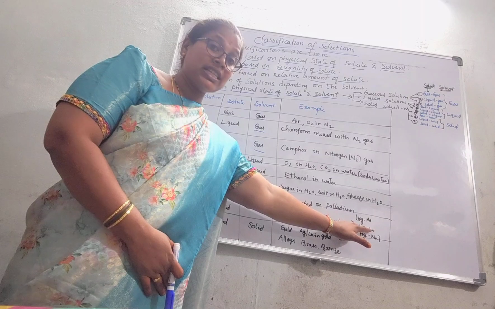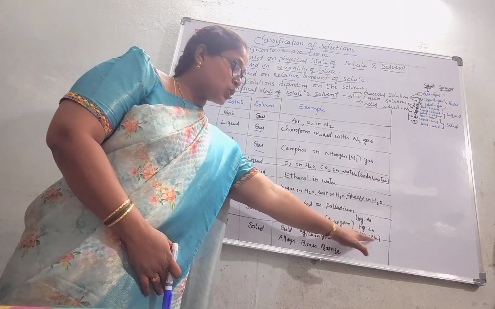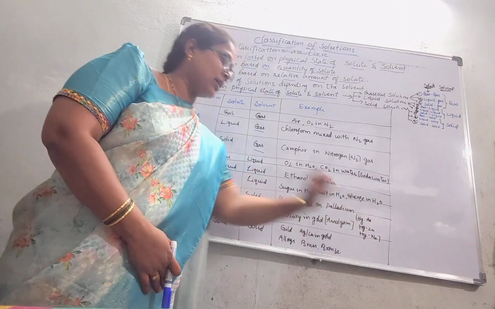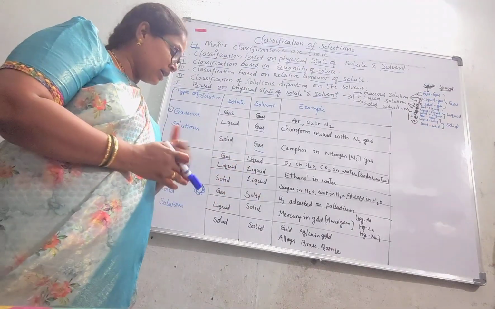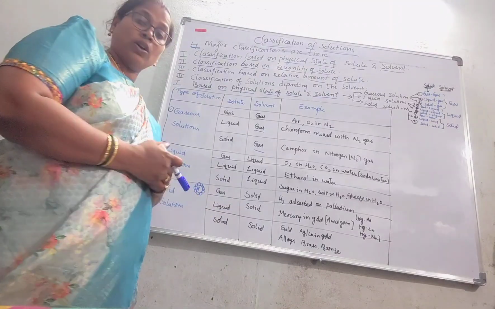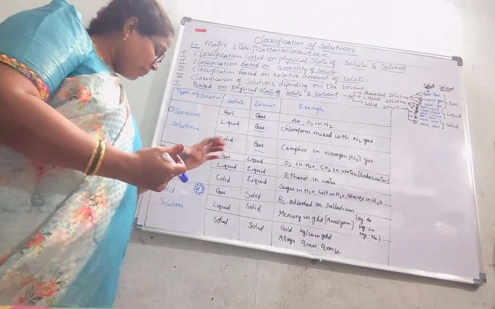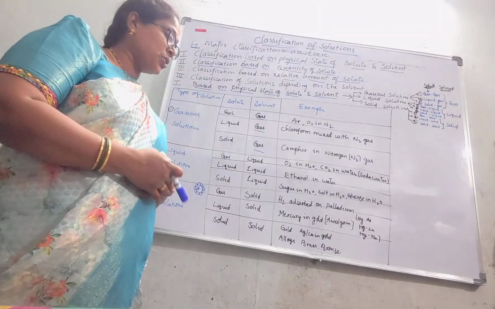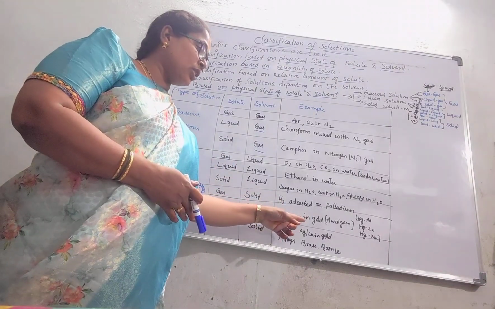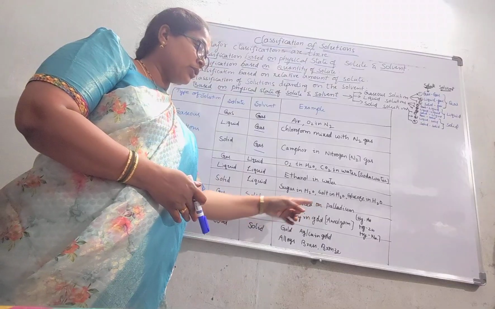Mercury with zinc, zinc amalgam. Mercury with sodium, sodium amalgam. Like that, all the amalgams come under liquid in solid type. Liquid and solid types of solutions are majorly mercury in gold, mercury in zinc, mercury in sodium.